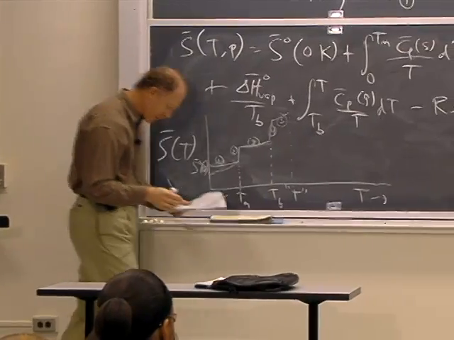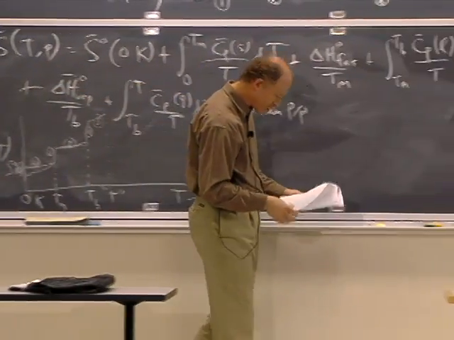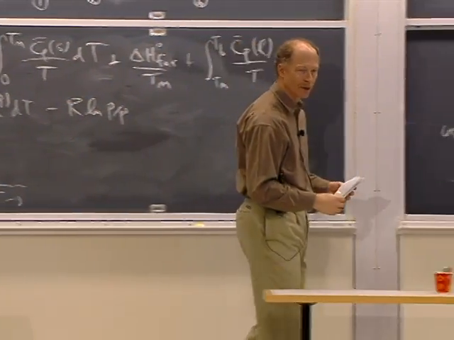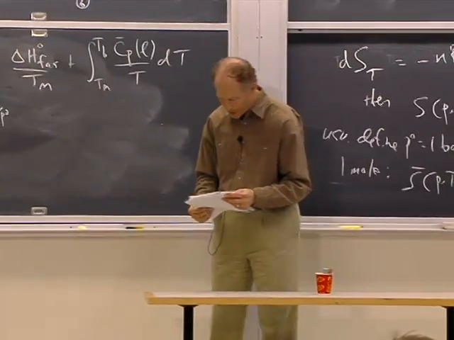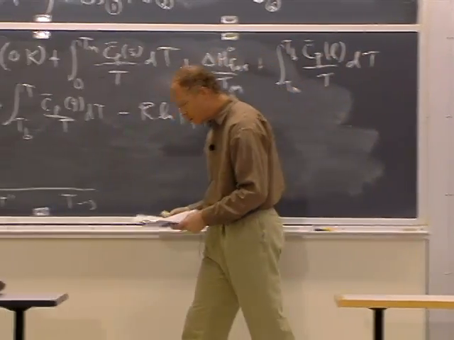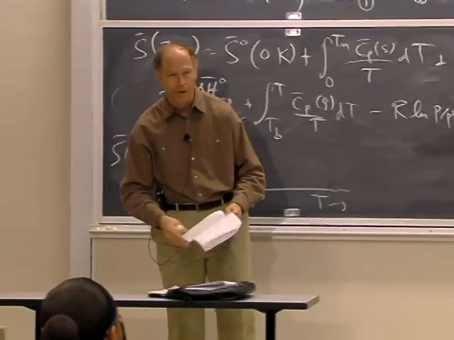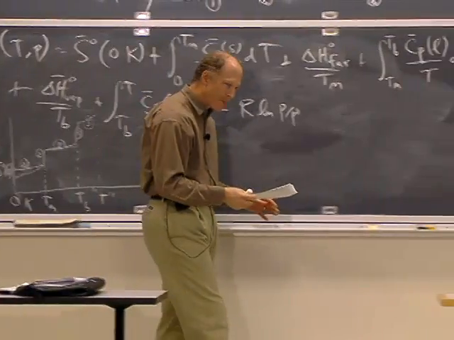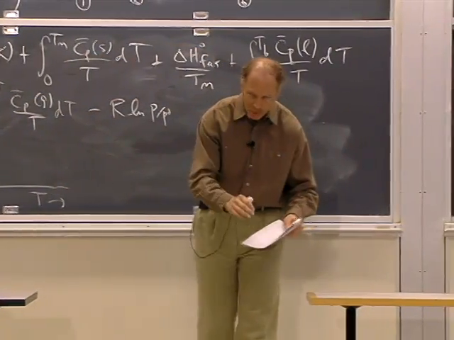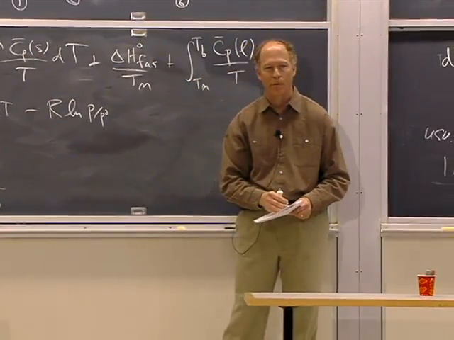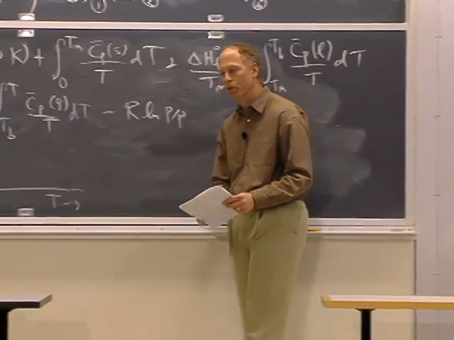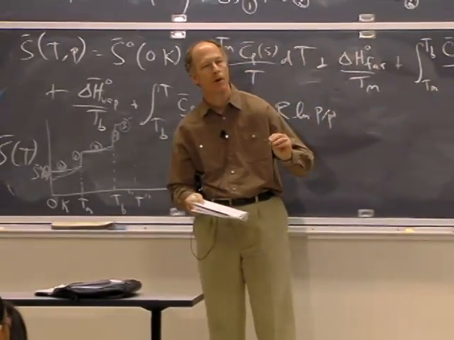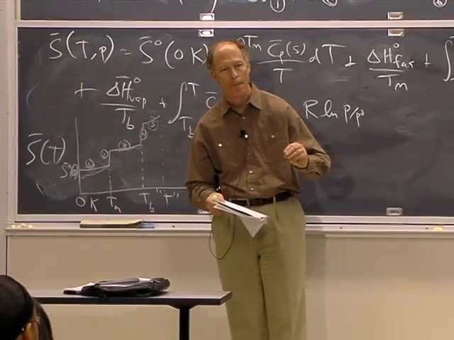So, for this, we need some additional input. We got some input of the sort that we need in 1905 from Nernst. Nernst deduced that as you go down towards 0 Kelvin, for any process, the change in entropy gets smaller and smaller. It approaches 0.